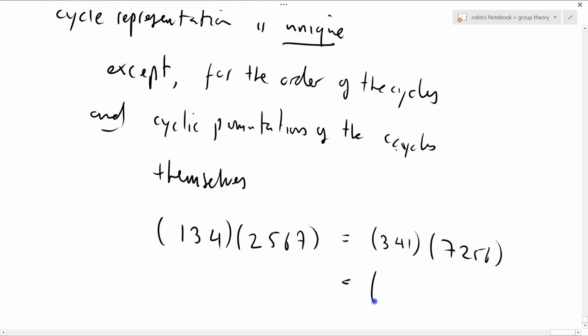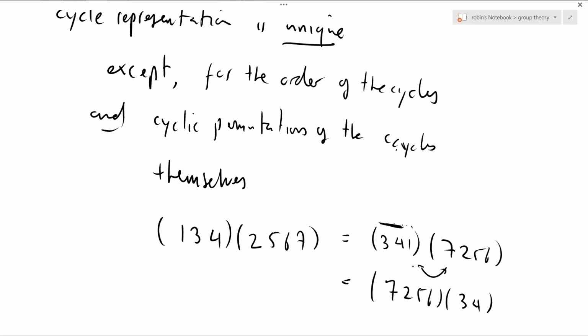And indeed I can write them down in any order. So I can cyclically permute the elements within a cycle, and I can also write the cycles themselves in any order.